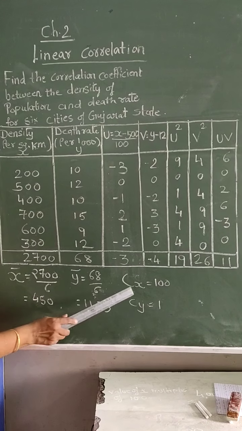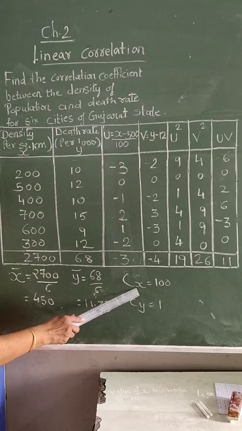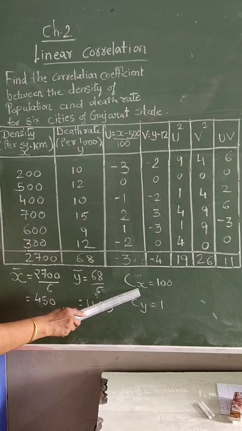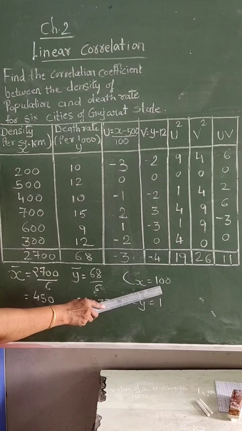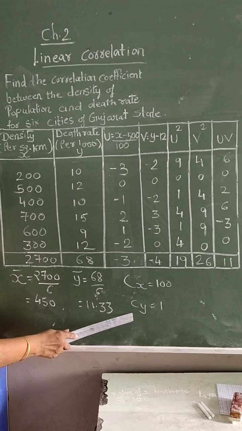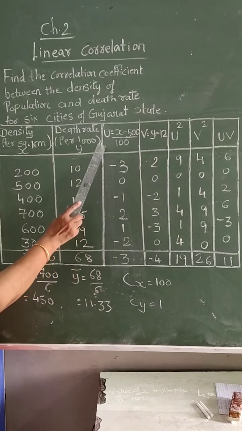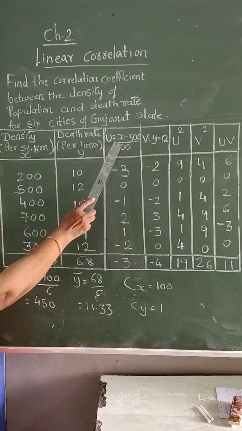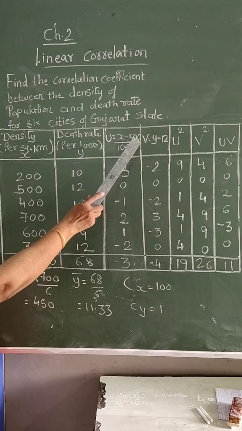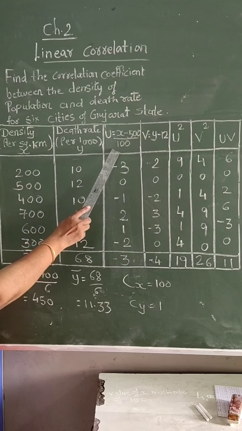For x, as multiple is 100, we can divide all the values with 100. And for y, we are taking that as 1. So my new variable u, x minus 500 divided by 100.